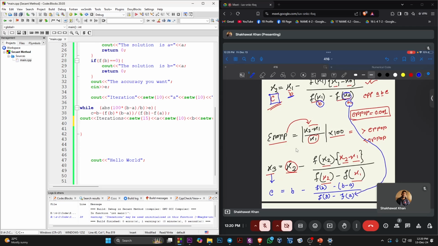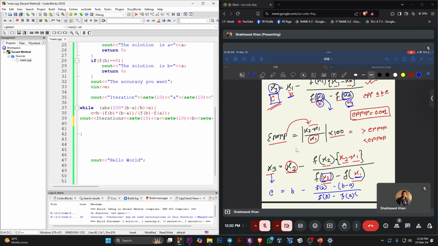This x0 is replaced by this x1. That means my previous A value, this x0 value, is replaced by x1. That means A value is replaced by B, and this B value, this x1, is replaced by x2, that means this C value.